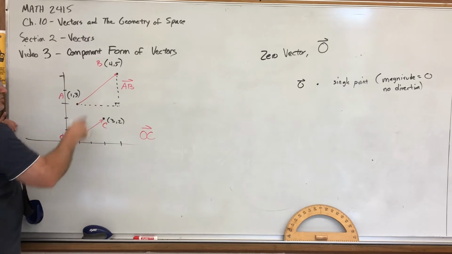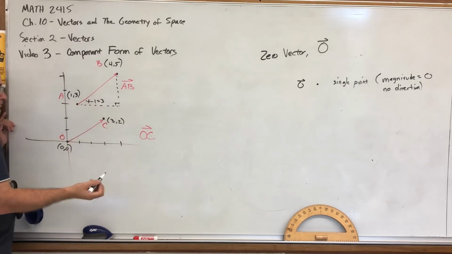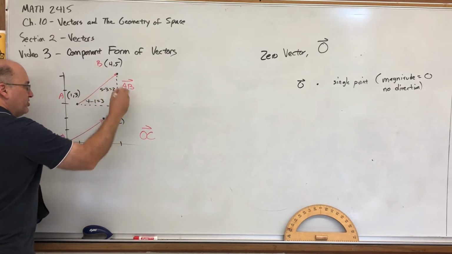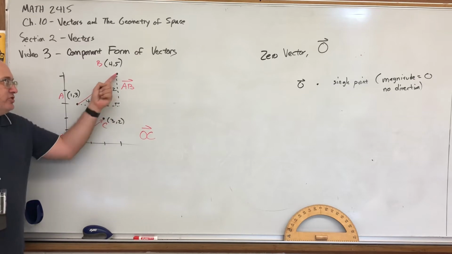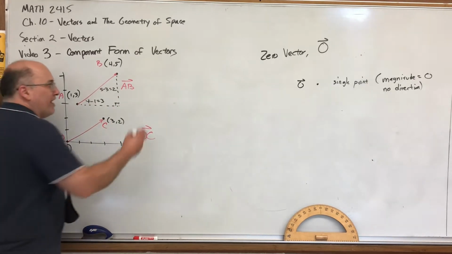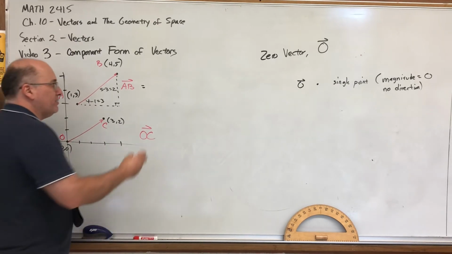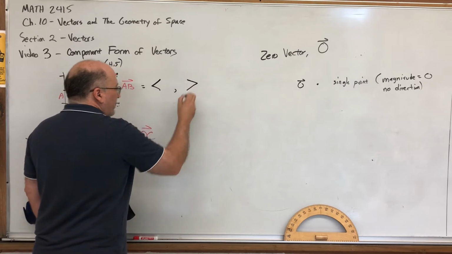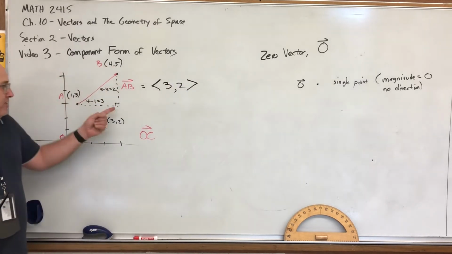The difference in the x-coordinates is 4 minus 1, which is equal to 3, and the difference in the y-coordinates is 5 minus 3, which is equal to 2. To represent the fact that the displacement was 3 in the x direction and 2 in the y direction, we can write vector AB as what looks like an ordered pair, but instead of being in parentheses, we could write it in pointy parentheses and say 3, 2, meaning that we were displaced 3 in the x direction, 2 in the y direction.